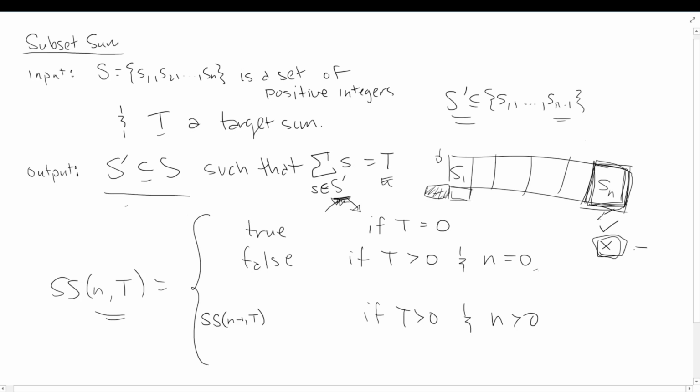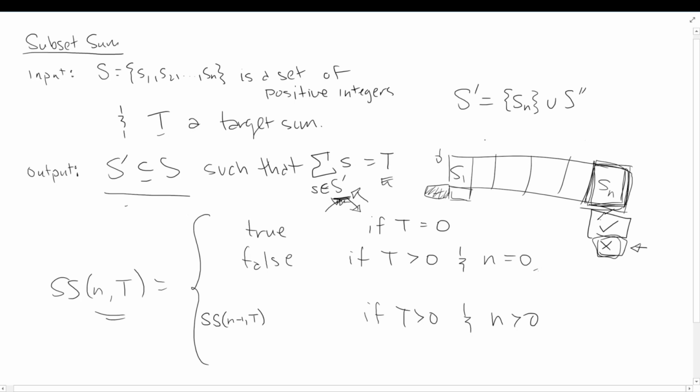Okay, but remember that was only one possibility. The other possibility is that we did use Sn. So if we did use Sn, then we know that Sn is inside of S prime. In this case, let's write it slightly differently. Our S prime is going to contain S sub n, but then we're going to union onto it some other subset, S double prime.